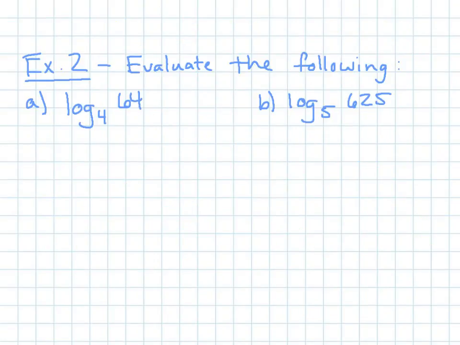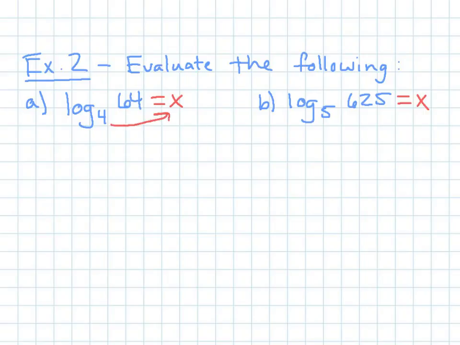Okay, so now we want to be able to use that to our advantage. If I'm going to evaluate, I can set these equal to a value of x or y, whatever variable you'd like, and then use your changing to the exponential form to help you solve. Because looking at log of 64 base 4 doesn't quite make sense at that given moment.